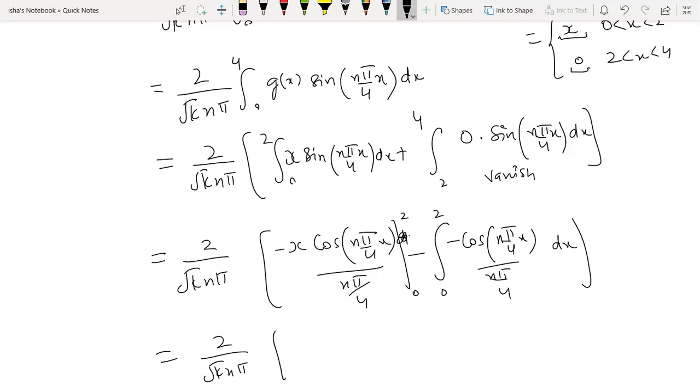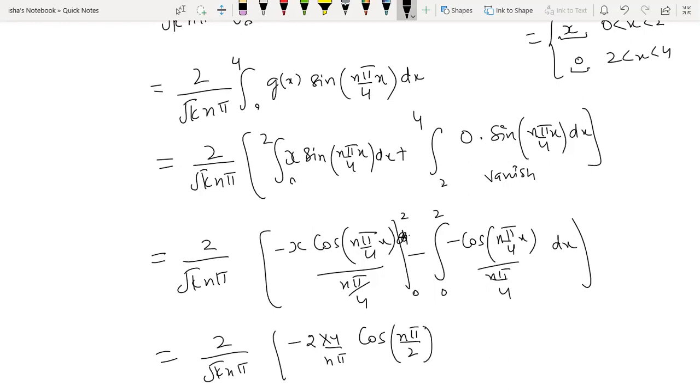So this is minus, and in place of x you put 2. So 2 into 4 by n pi, since n pi by 4 is in the denominator, cos n pi by 2, because when you put x equal to 2 it will be cos n pi by 2 by 4. 2 by 4 makes it 1 by 2. So it's cos n pi by 2.